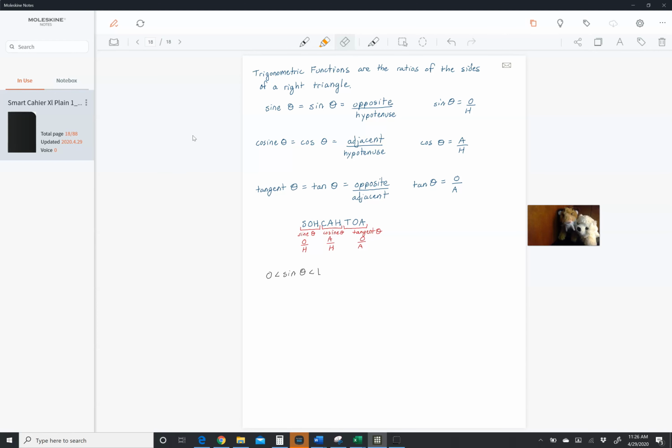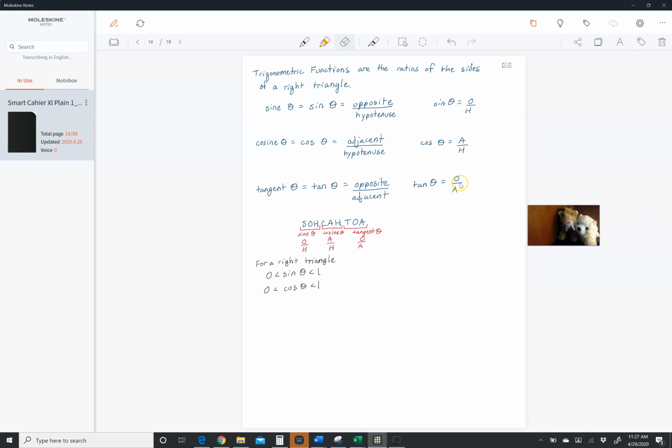For a right triangle, sine is going to be between 0 and 1, and so is cosine. Okay. Tangent could be infinite.